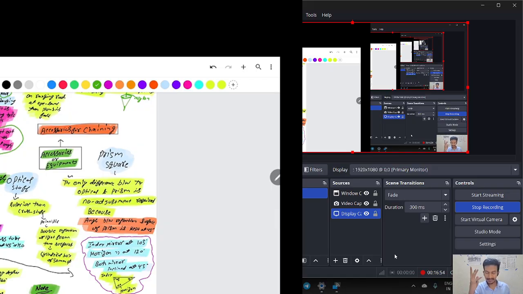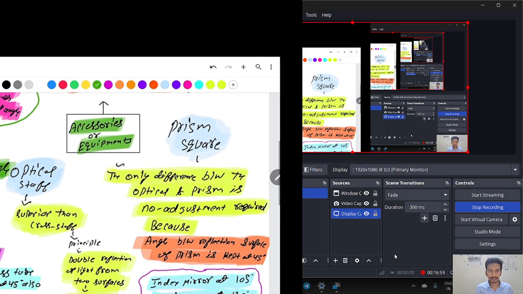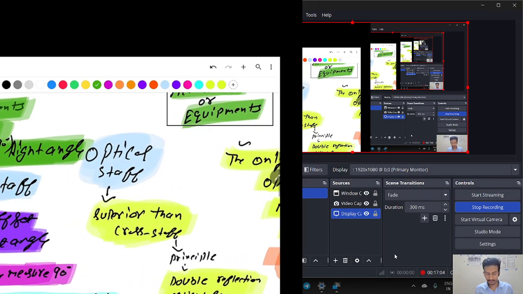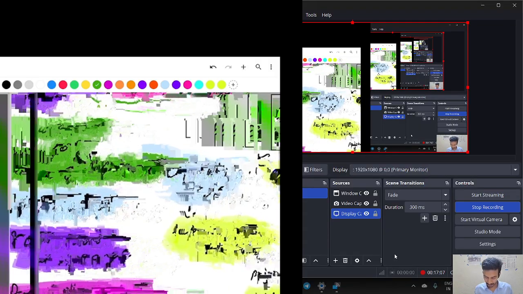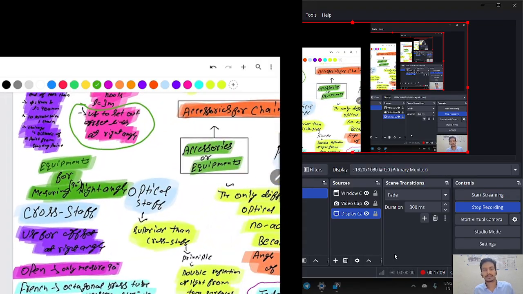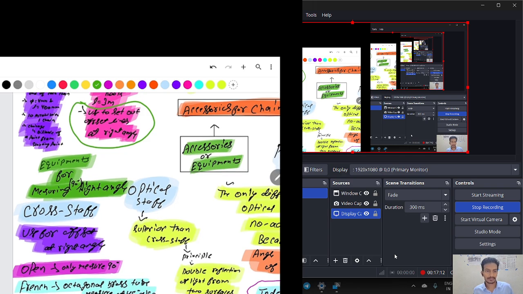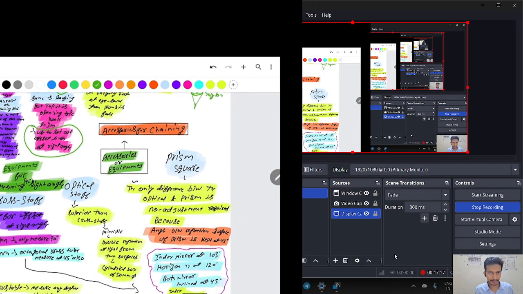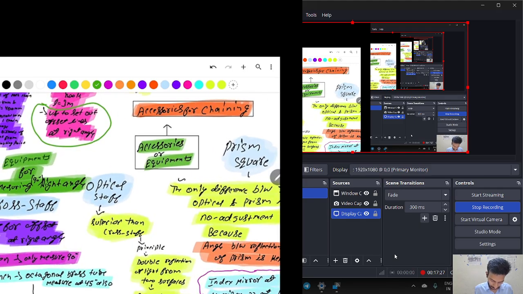There are basically three. First is the cross staff.